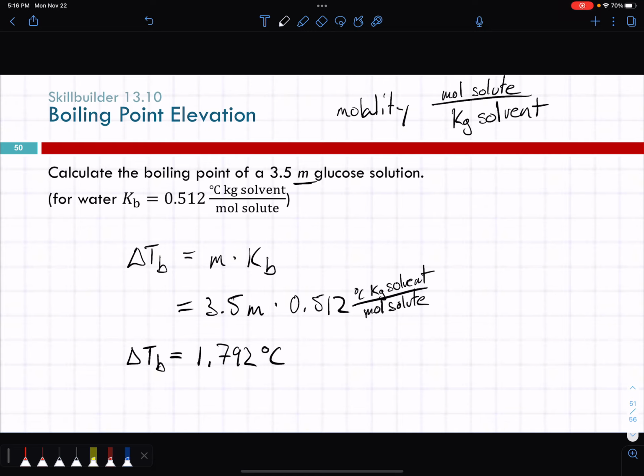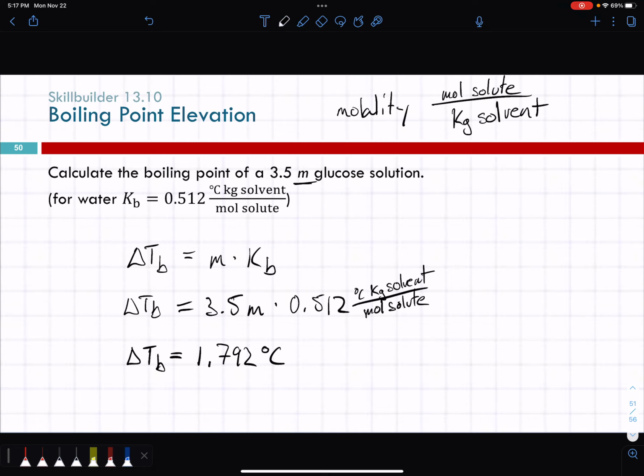So that's going to make our change in our boiling point 1.792 degrees Celsius. Can you explain one more time, I'm sorry, why we're flipping this one? Because molality is for, what is this that we're finding? So molality is different than the boiling point? So you mean why is this backwards from this? Yeah. It's backwards, so when we multiply them together, those units cancel out.